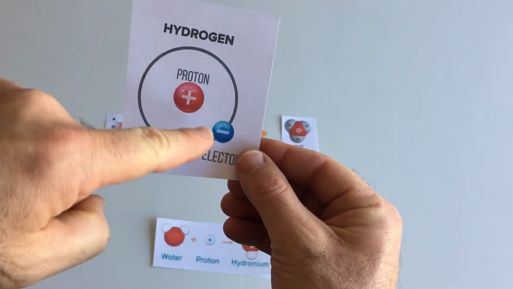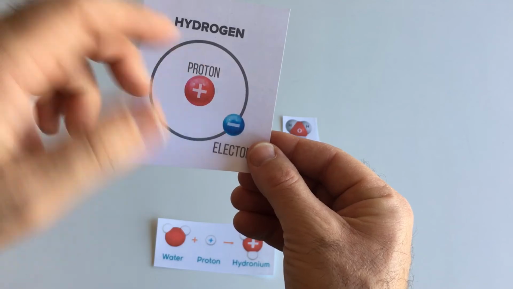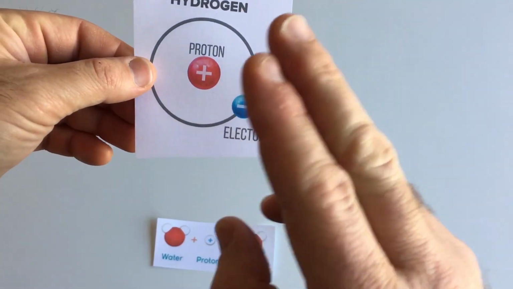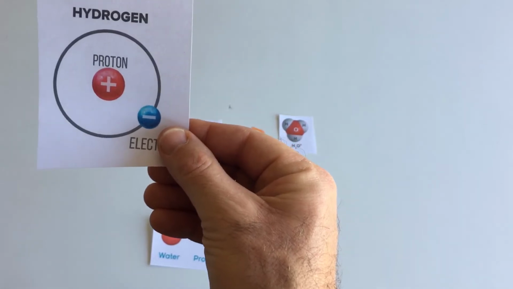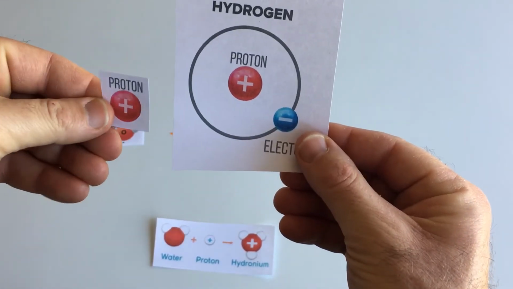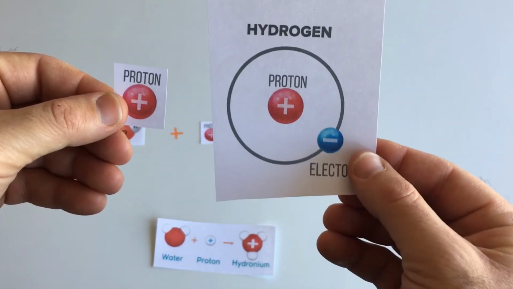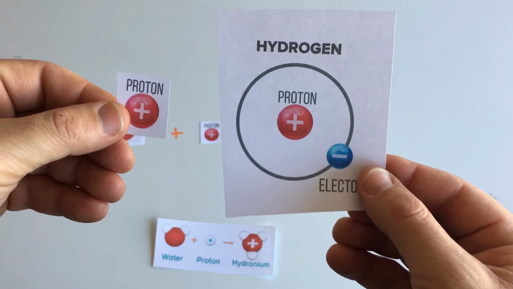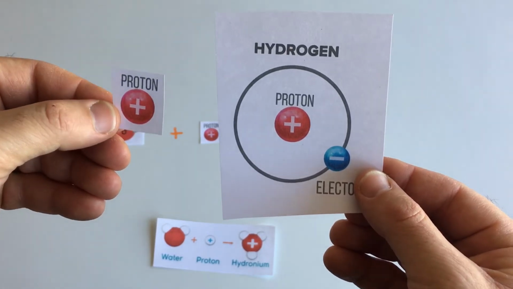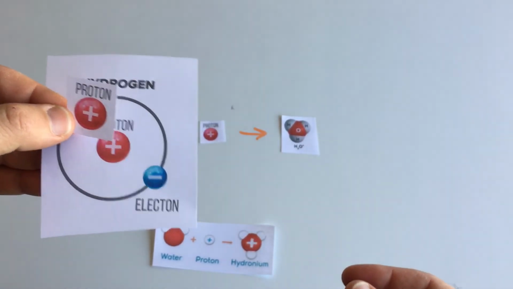And this doesn't have a charge, right? Because you have one positive, one negative. They cancel each other out, just like acids and bases. So this is a hydrogen without a charge. But what if you have just a single proton? What if we take the electron away? Well, a hydrogen is anything with a single proton. So what's a single proton? Technically, it's a hydrogen atom.